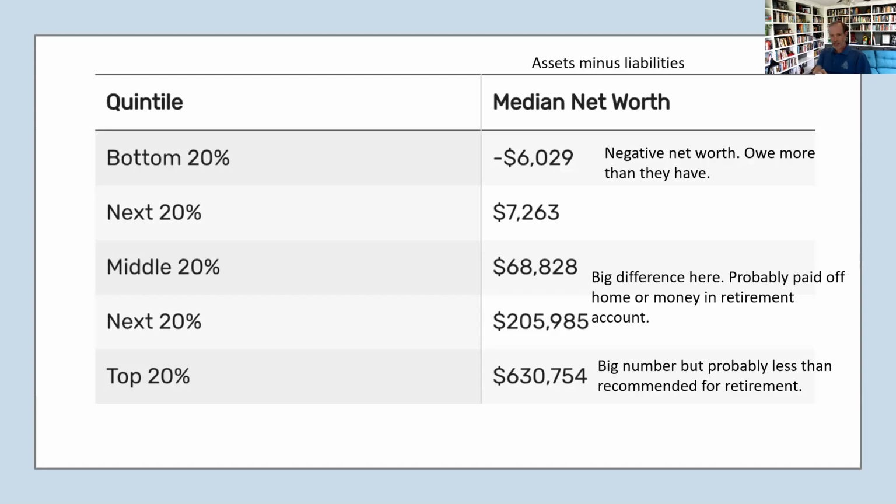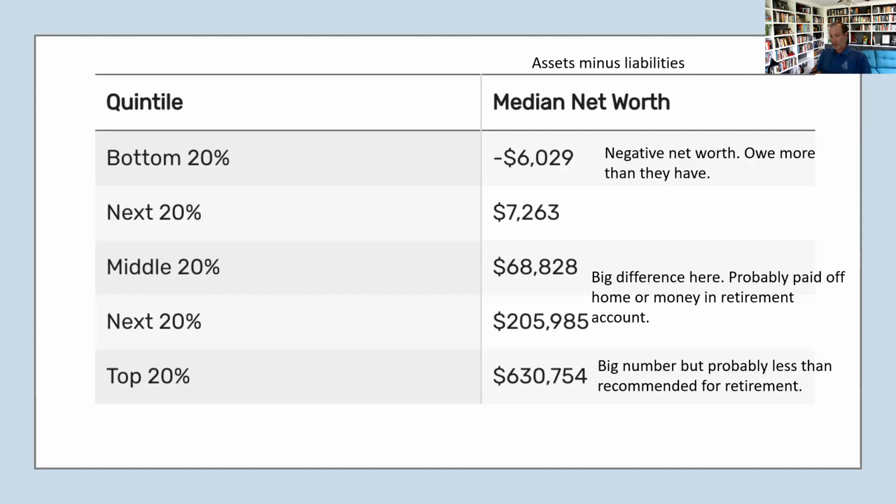And then finally at the end here, the top 20%, their net worth is over $600,000. It's a big number, but if you look at retirement calculations, it's less than they tell you that you should have if you want to retire. So imagine someone in this category is 65, thinking about retiring, and you're like, oh, that's a lot of money.